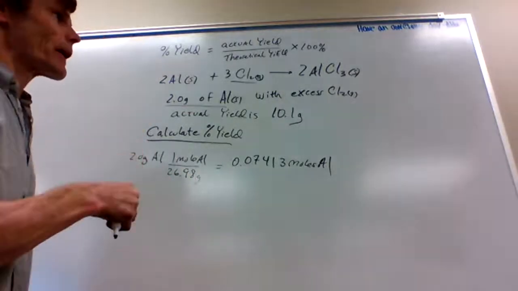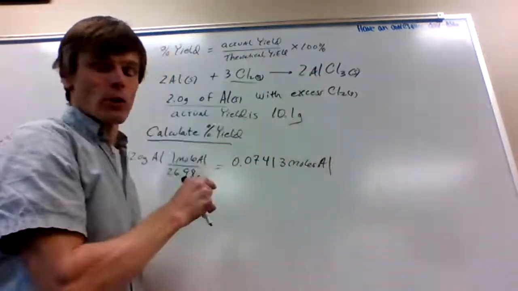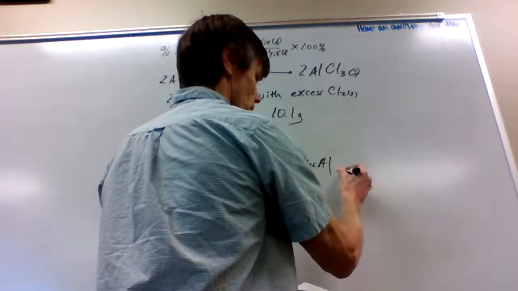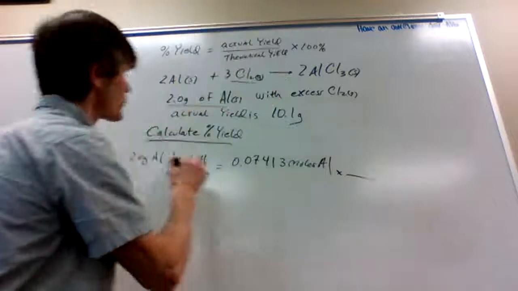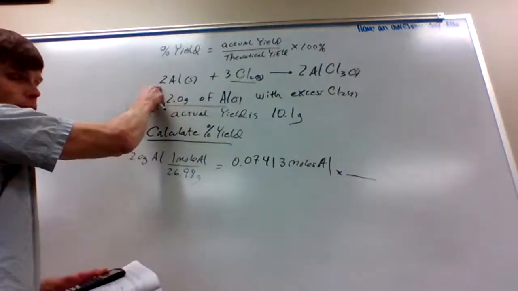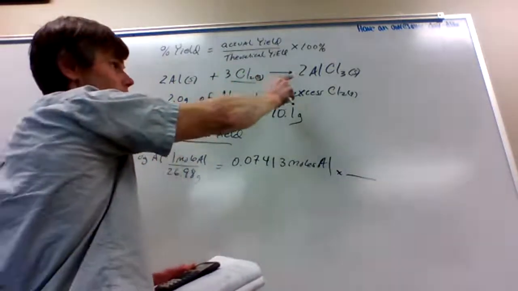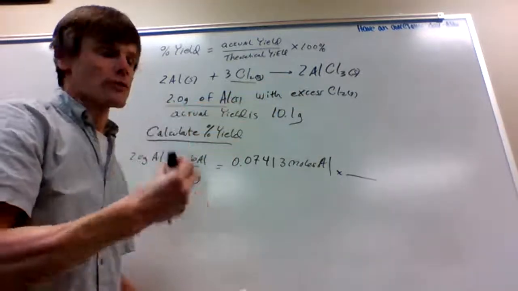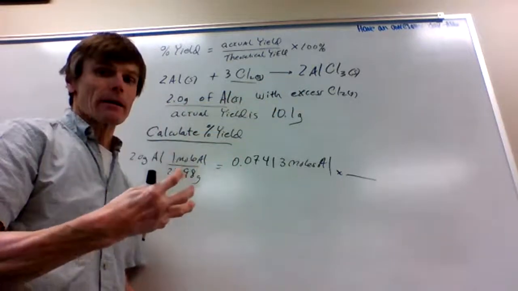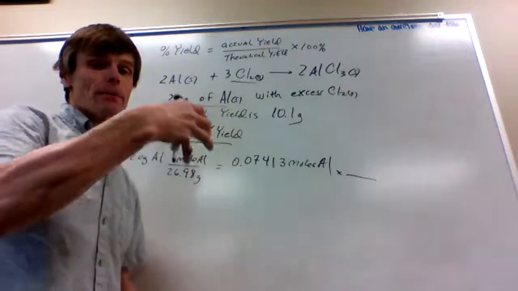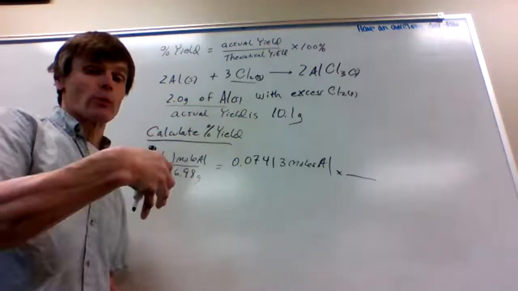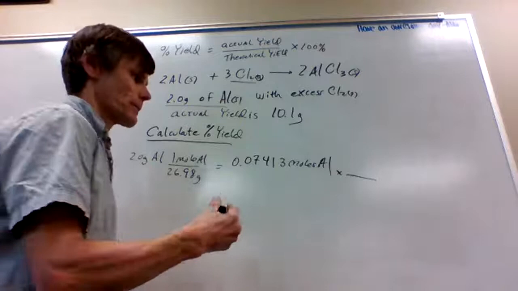Let's convert that to moles of aluminum chloride. Notice the coefficients. There are 2 moles of aluminum for every 2 moles of aluminum chloride. Again, we're using the same problem-solving strategy that we did in our last few slides.